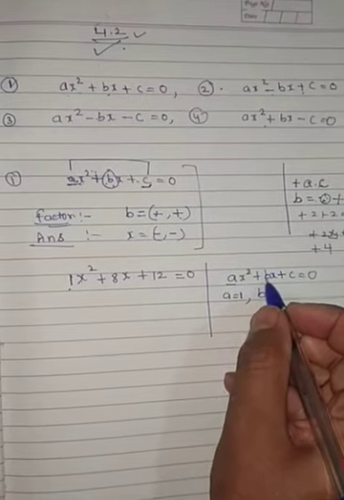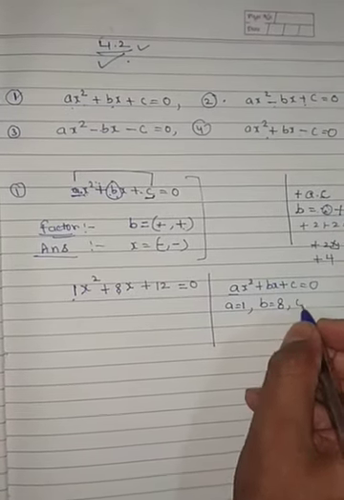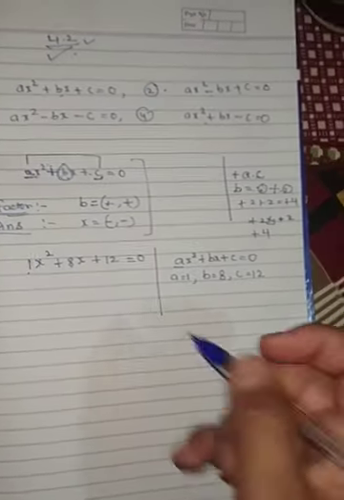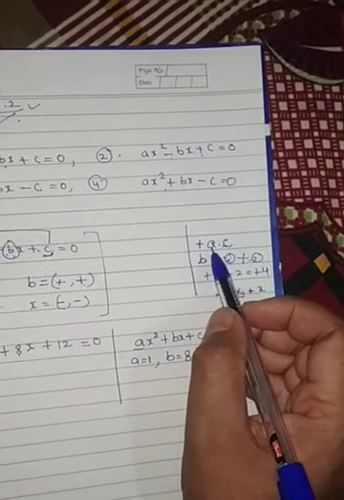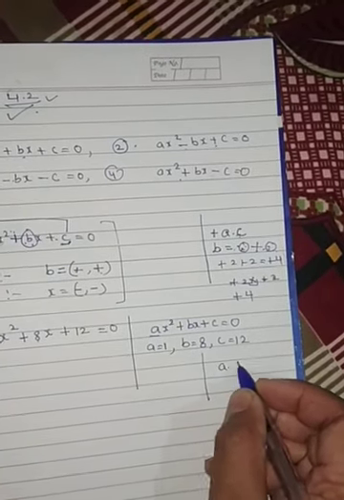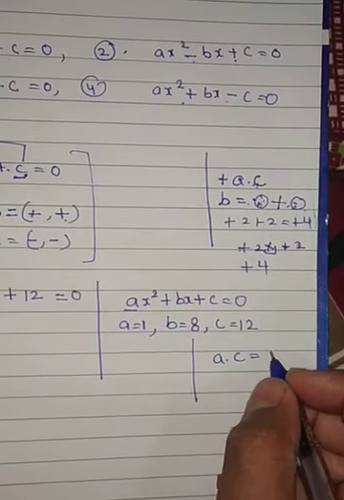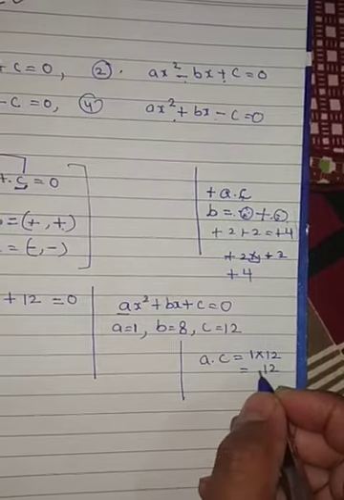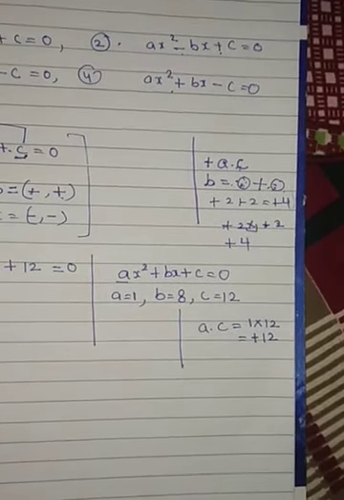In front of x is b, and here in front of x is 8, so the value of b is 8, and c is equal to 12. Now come to the condition: firstly multiply a and c, a into c. What is a? 1. What is c? 12. So 12 into 1, how much will you get? 12. This will be a positive number, no sign is here, so I can write that this is a positive number.